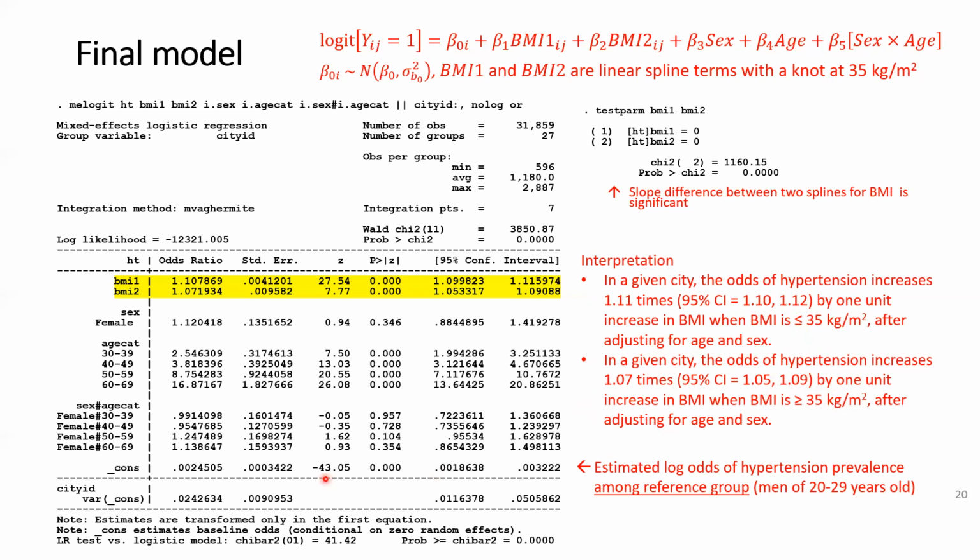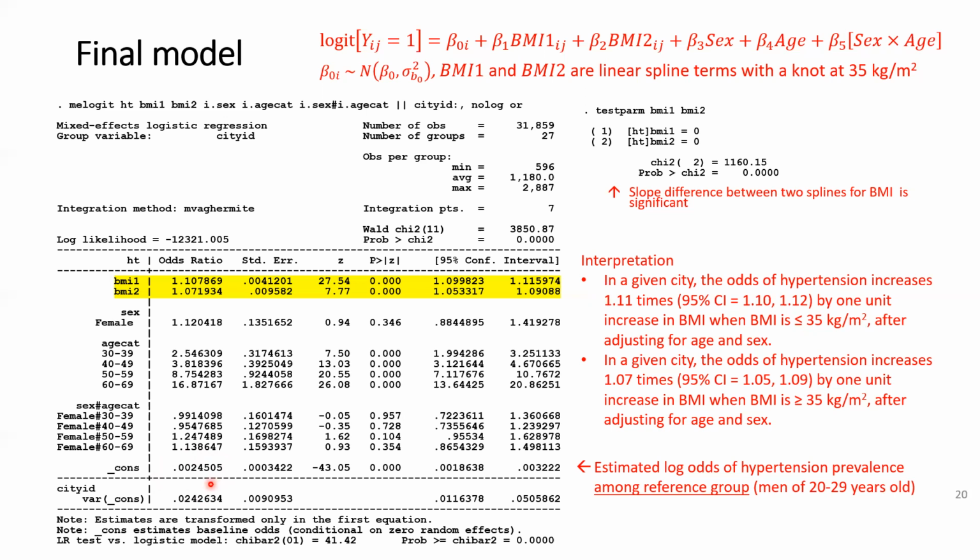And the other thing is this constant term. This one doesn't have the same meaning as it had in the null model. When we have the intercept-only model, the constant term told us the overall prevalence of hypertension.